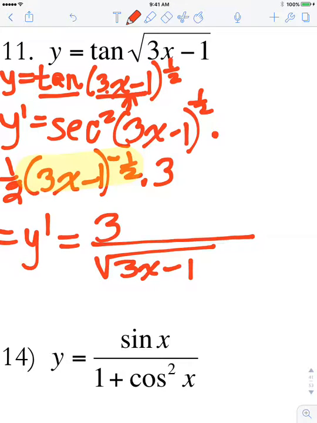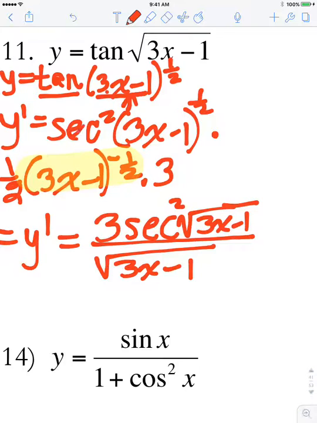And then 3 times secant squared of the square root of 3x minus 1. There's the 3. Oh, and this 1/2, that's just 1 times 1 over 2. I don't have to put the 1, but I'm going to put the 2 on the bottom. And that's the answer.